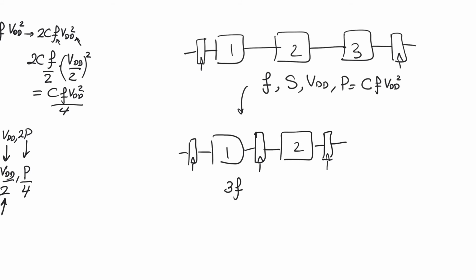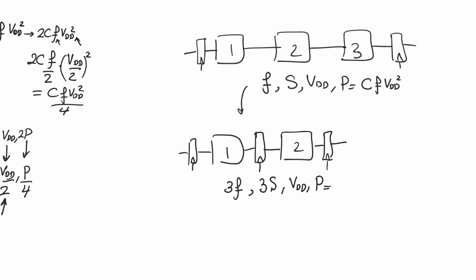It should be a little bit less than triple because we have the overhead of setup time and TCQ. But ignoring those, it should have tripled, which means the throughput has also tripled using the same supply. The power dissipation is now a little different because we are operating at a different frequency.